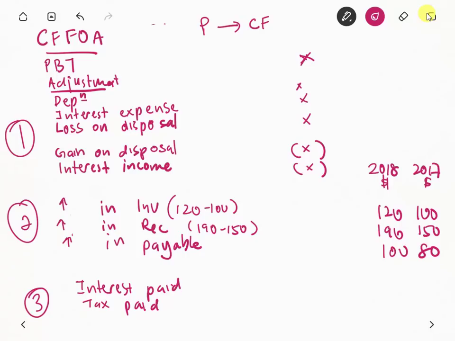Last year receivable 15, up. My payable also from 80 to 100, up. So all three are up. So increase in inventory, how much? 20, because it's 120 minus 100. In or outflow, when inventory goes up? Outflow.